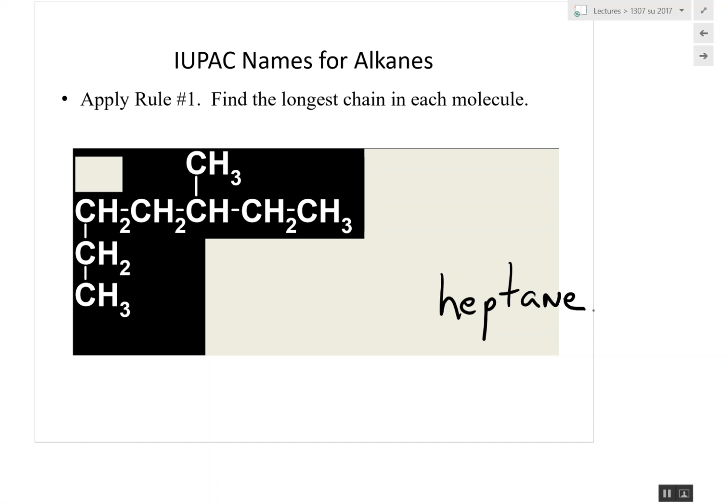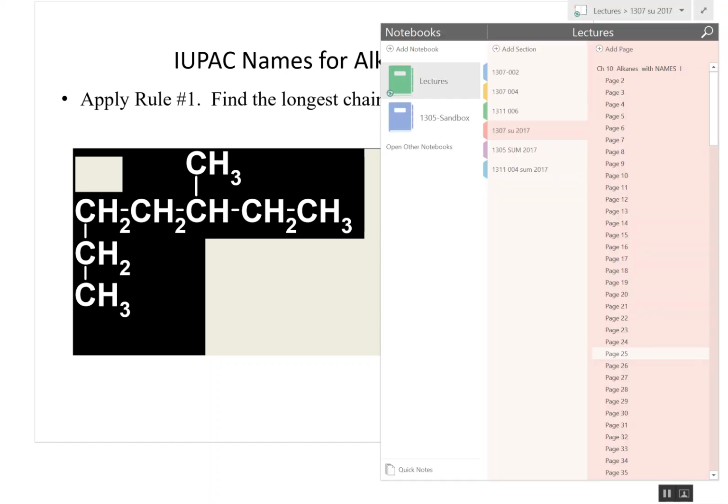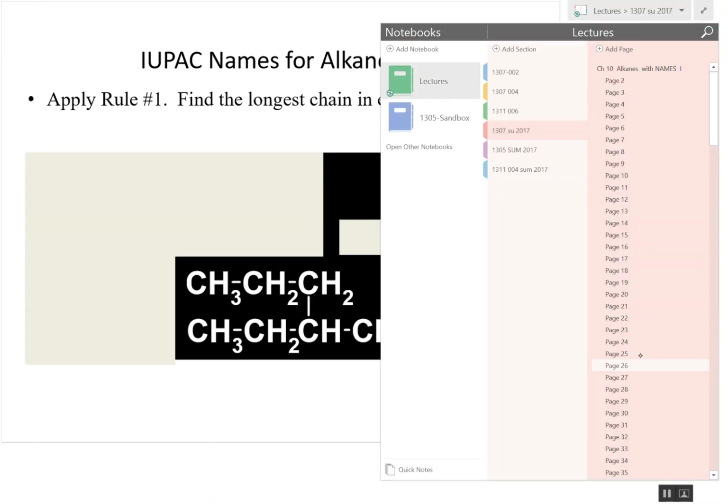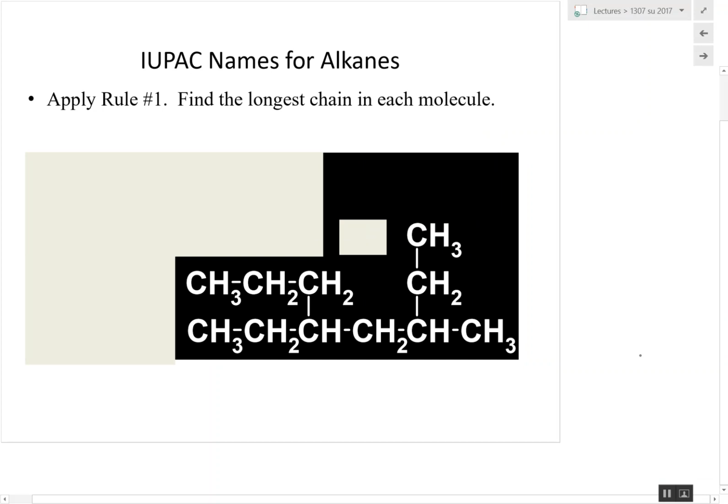Heptane is the parent name of this molecule. That's what we get out of rule number 1. That's not the full name of the molecule, but it's the most important part of the name, the parent name. It is a heptane. So that's rule number 1. Here's another one. Find the longest chain here. How many carbons in the longest chain?